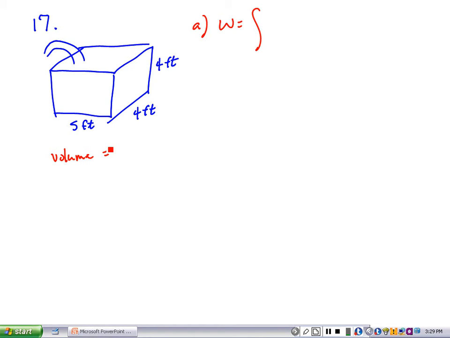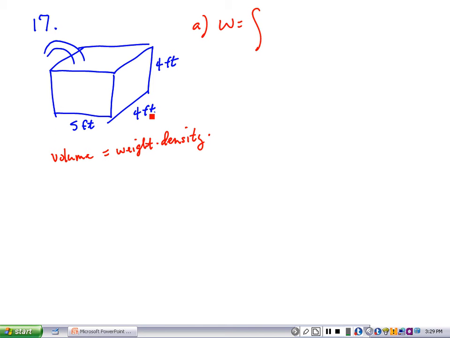That's going to give me the so-called weight density of the water times... here I need a few things to get the volume. I got to have the length, the width, and the height.